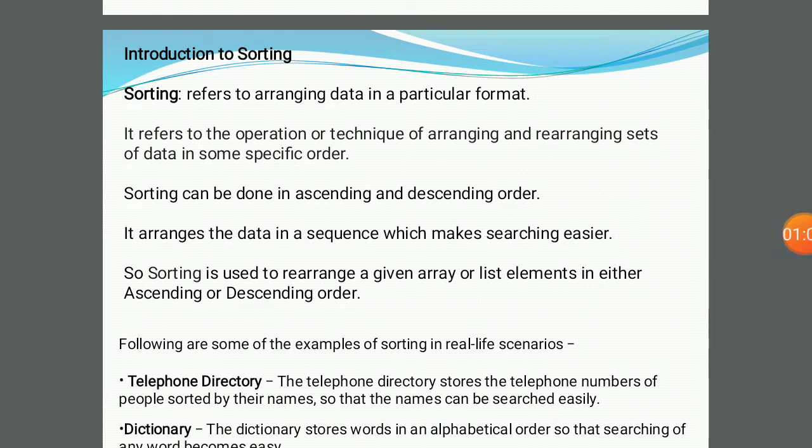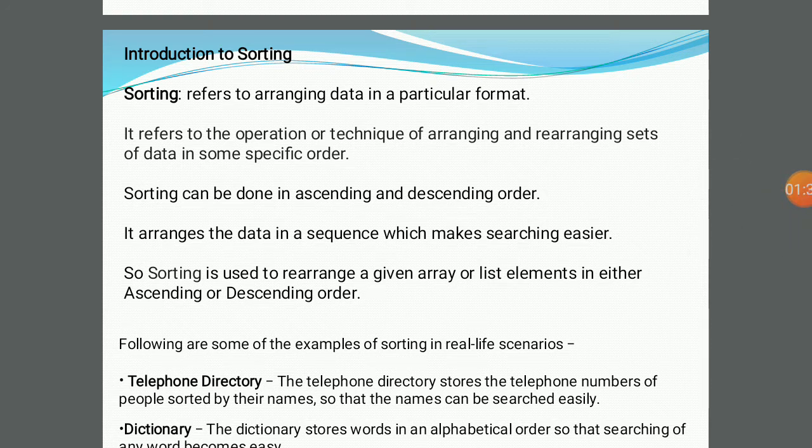Now, what is sorting? Sorting refers to the arranging of data in some particular format. It means putting an unordered list of data items into some specific order. It is known as the sorting process.